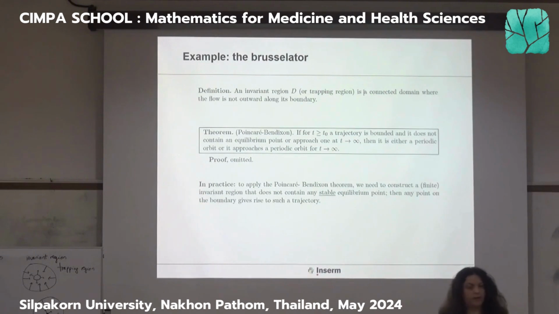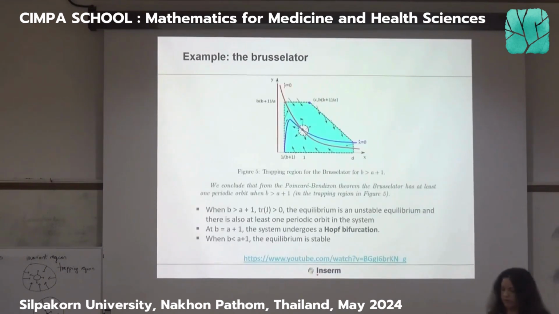So we can apply this to the oscillator. I'm giving you the answer, but you can also construct the invariant region by yourself. Actually, this is an exercise to construct the region. I'm just showing the results here. So in blue, you have the trapping region. As you can see, the flow is indeed going inward.